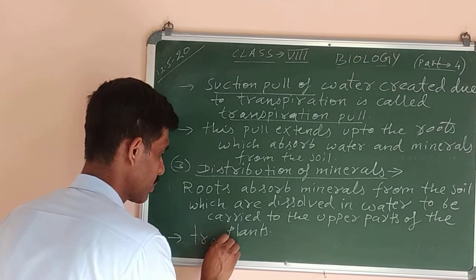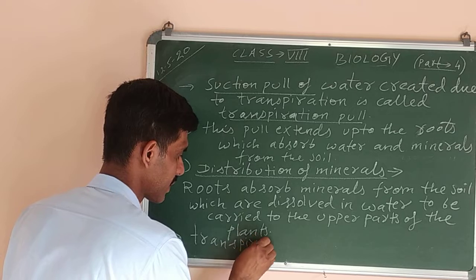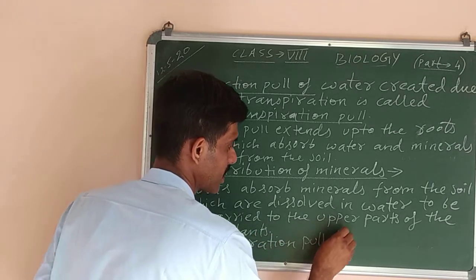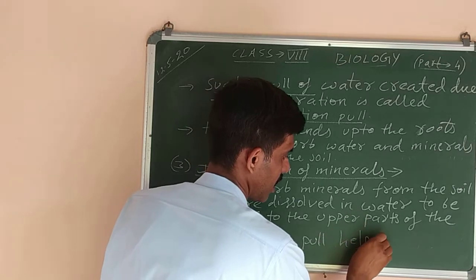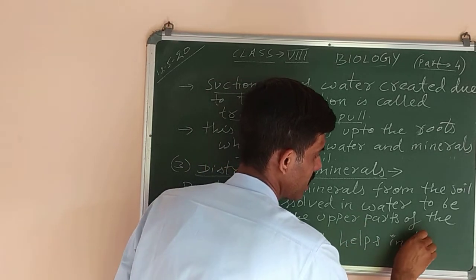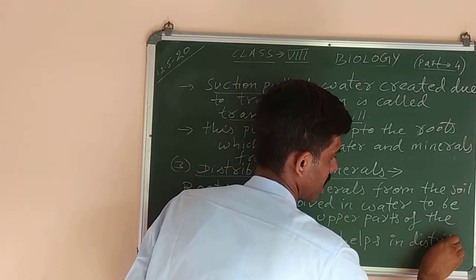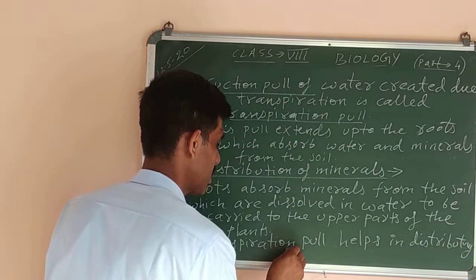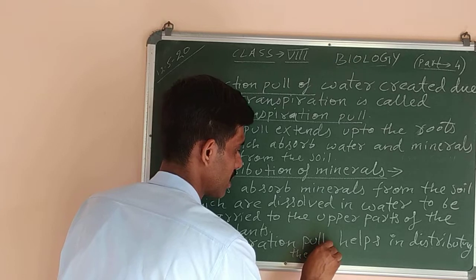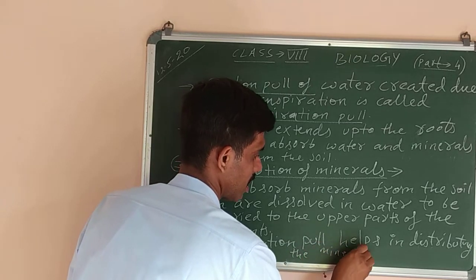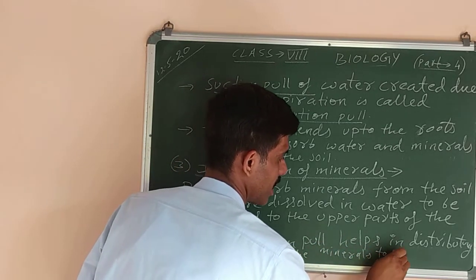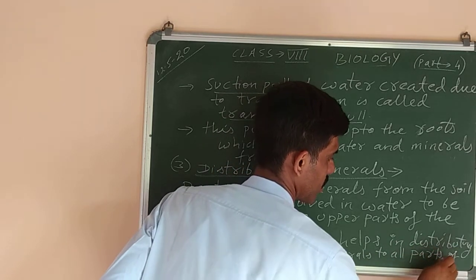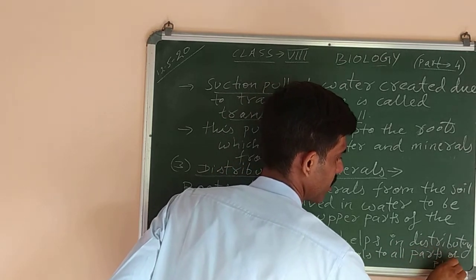So this point also you can write: transpiration pull helps in distributing the minerals to all parts of the plant.